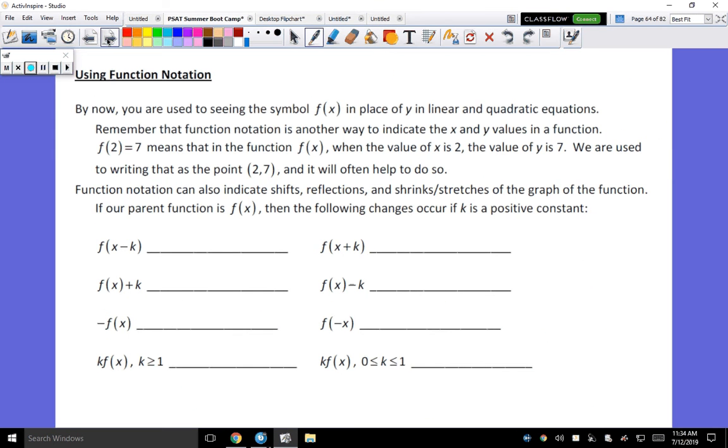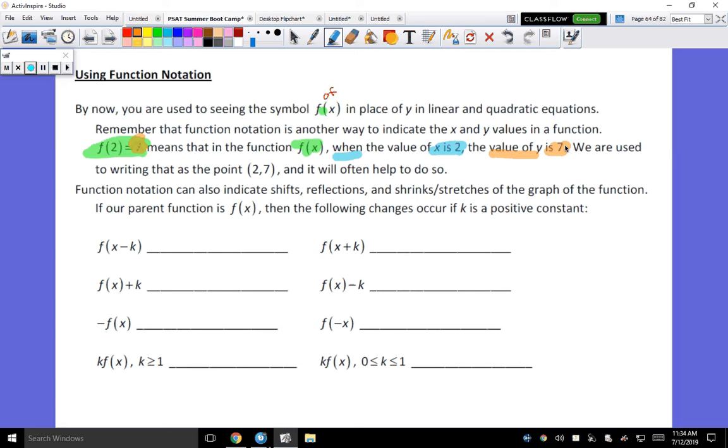By now you're used to seeing the symbol f of x. Again, of x. There's no multiplication there. In place of y in linear and quadratic equations. Remember that the function notation is another way to indicate the x and y values, such as this. Means that in the function f, at 2, or when the value is 2, then the value of y, otherwise the answer, the output, is 7.